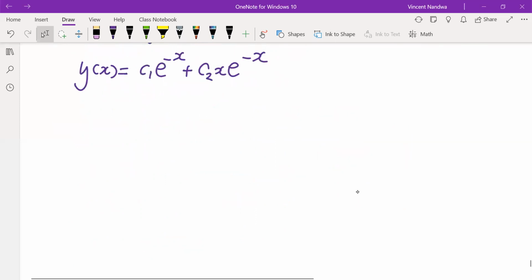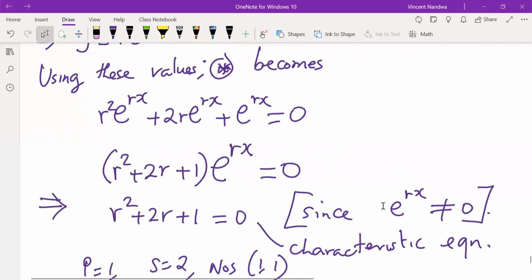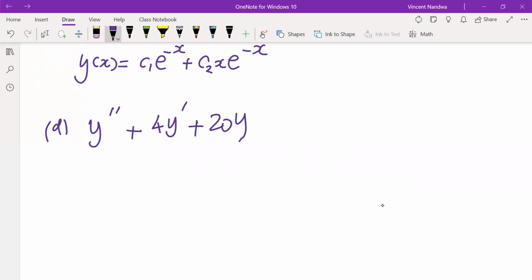Our last example for this session, this one, y double prime plus 4y prime plus 20y equals 0, given that y at 0 is 3 and y prime at 0 is negative 1.